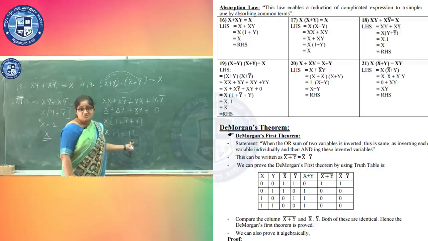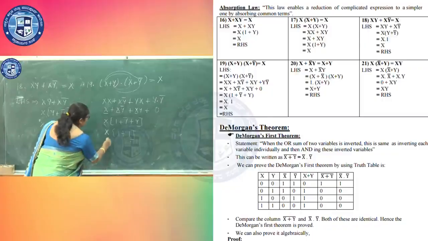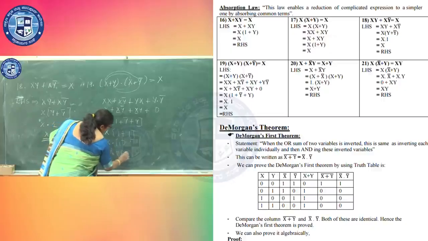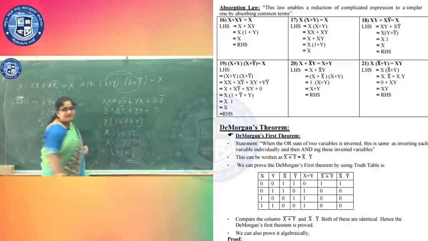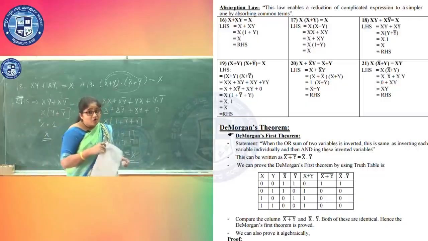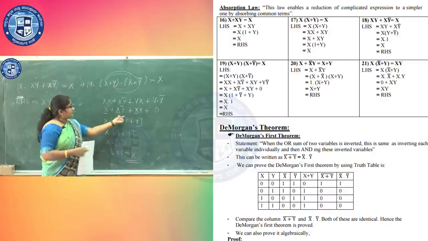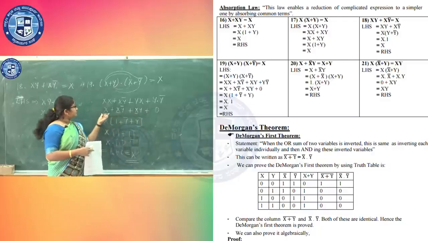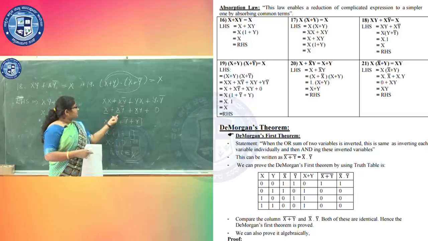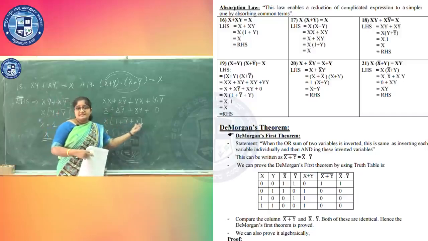We have 1 plus 1 to be considered as 1. x into 1 and we arrive at the RHS, which is equal to x. Always remember, if there are common terms in all 3 expressions, then we have to take the x outside from all 3 parts.